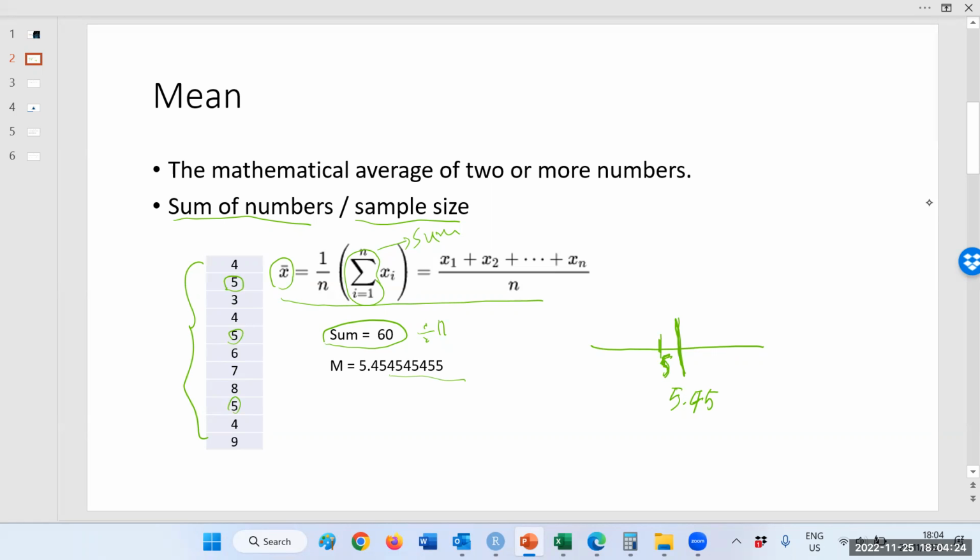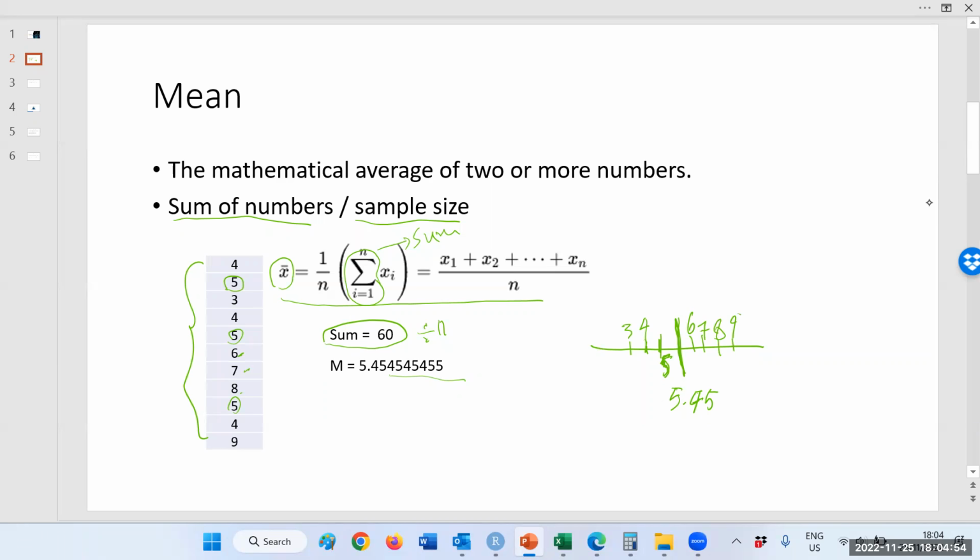And then another line represents 4, and another bar represents the 3 in this distribution. On the other side of the distribution, I have values such as 6. As you can see, I have 6, 7, 8, and 9. It's very obvious that the data included in this variable are spread on both sides of the mean value.